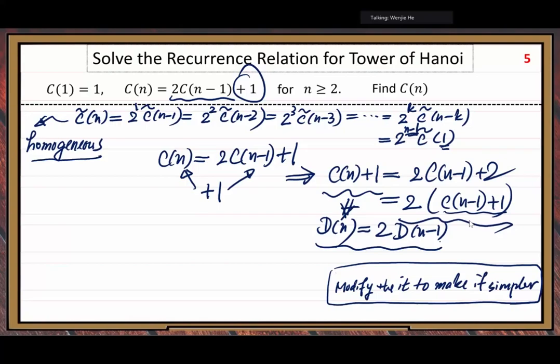Based on your solution, the d function is 2 to the n minus 1.